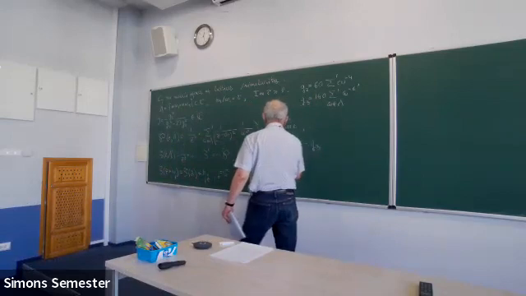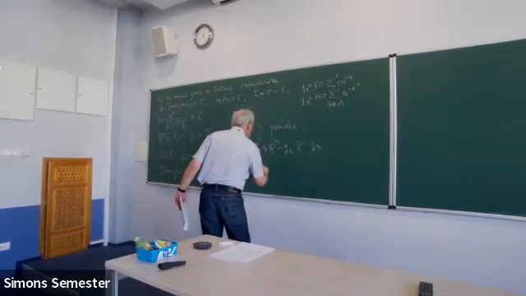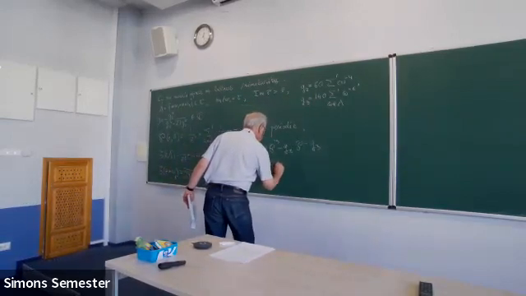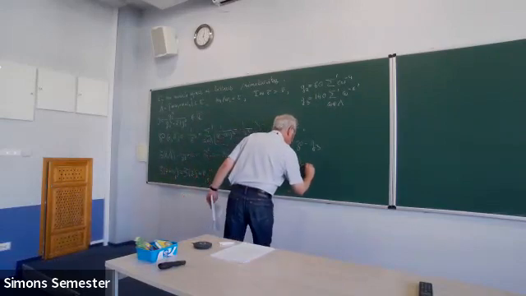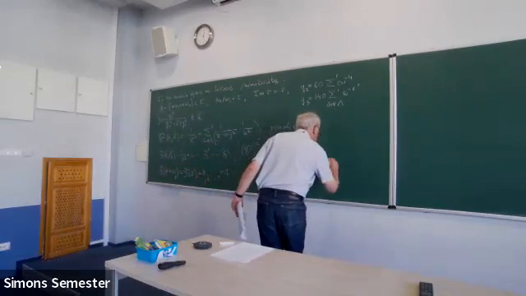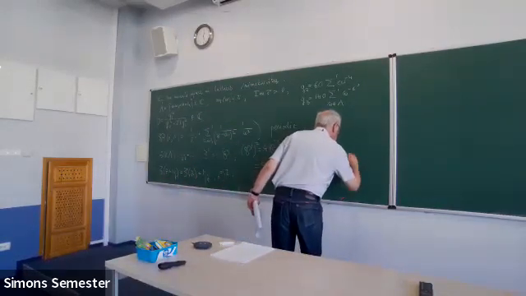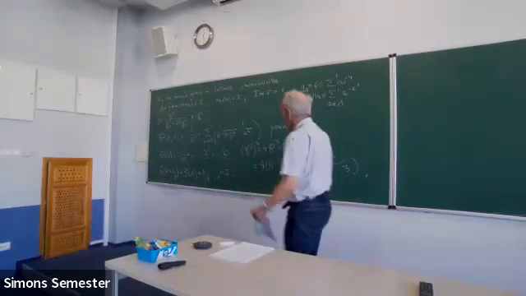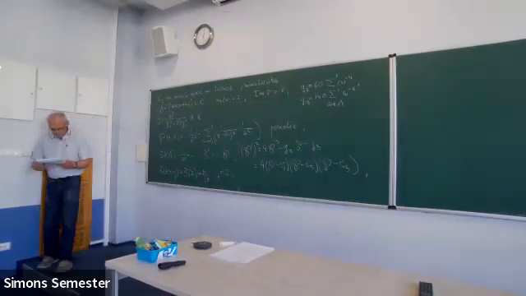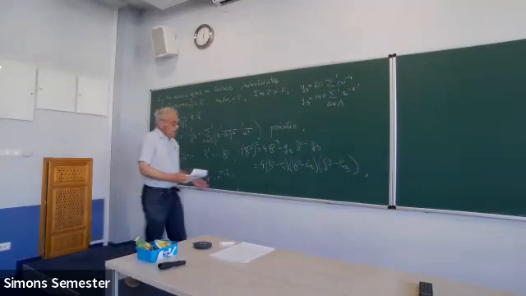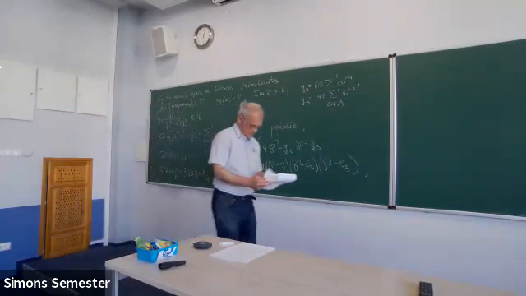And if you factor this, it is written as P minus E1, P minus E2, P minus E3. Okay, so these are all the notations that we need.